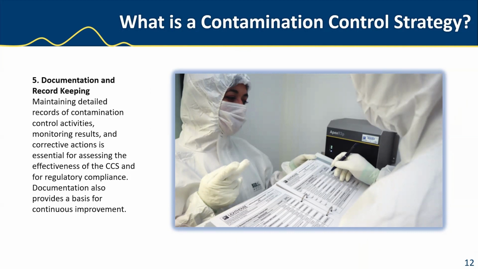You want to maintain detailed records of contamination control activities, monitor your results, and any corrective actions that are undertaken. You need to assess the effectiveness of your contamination control strategy, also for regulatory compliance, and looking at your baselines and strategizing your alarm limits based on your environment and your conditions.